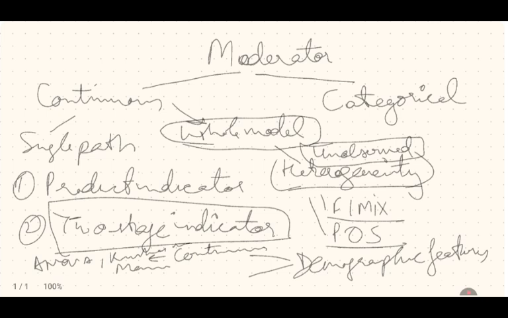In case they are measured on a categorical scale, you find out the differences between the segments or groups using the chi-square test. Then you are able to present the differences between the groups which were found originally by FIMIX and POS.